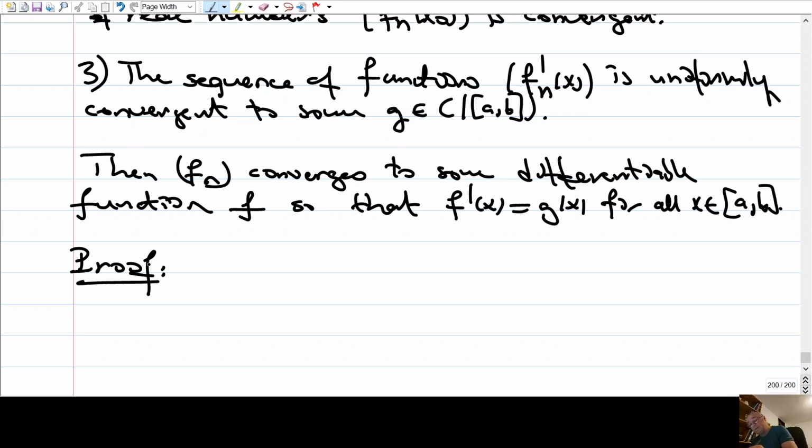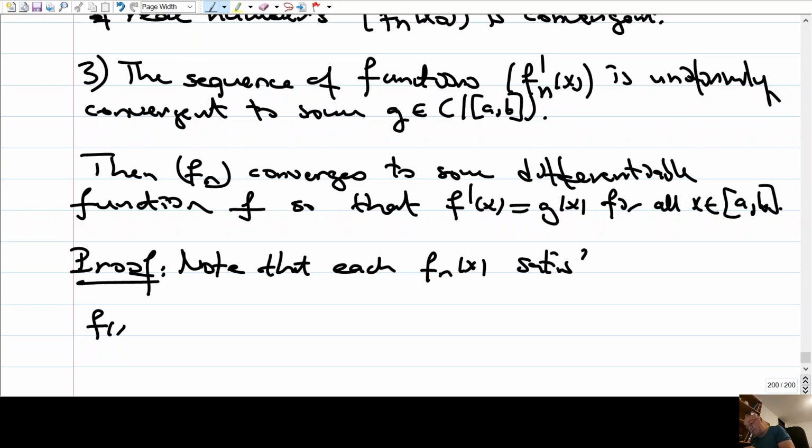Note that each Fn satisfies the following: Fn of x minus Fn of x0.